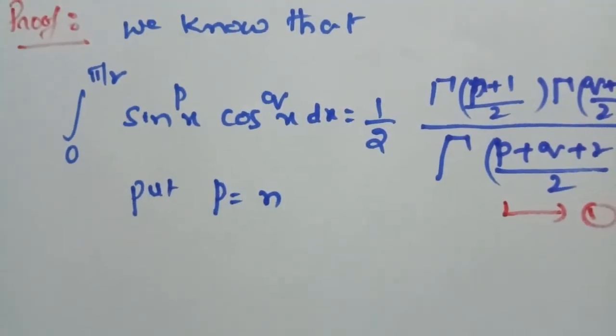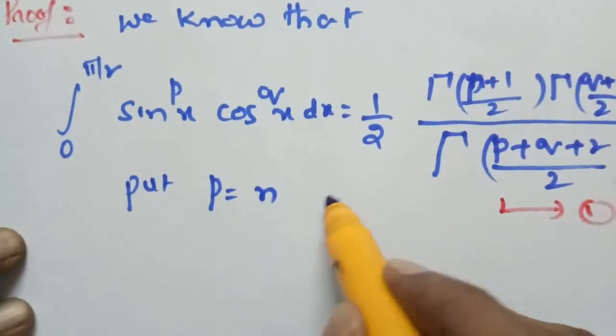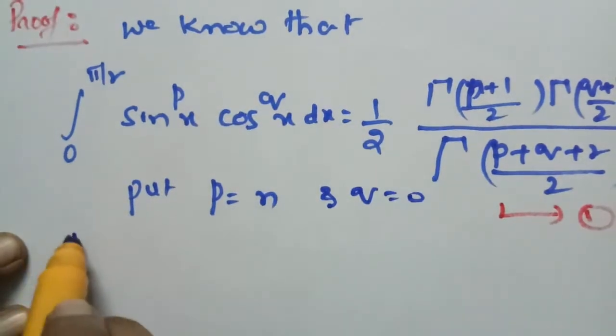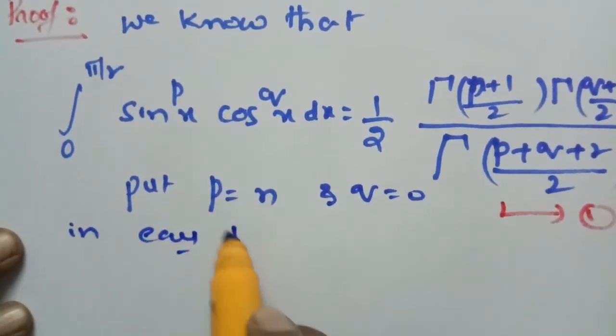Put p is equal to n and q is equal to 0 in equation 1.